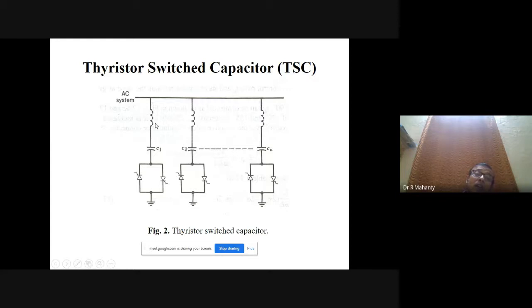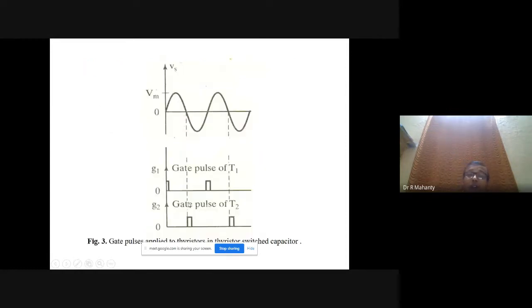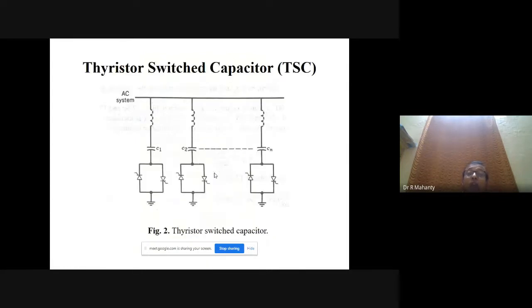So this inductor has nothing to do with the reactive power compensation. It is a small value of inductor, there so as to minimize the current if you have not detected the zero crossing of the voltage exactly. Now in this way, you will go on turning on the capacitors one by one depending upon your requirement.